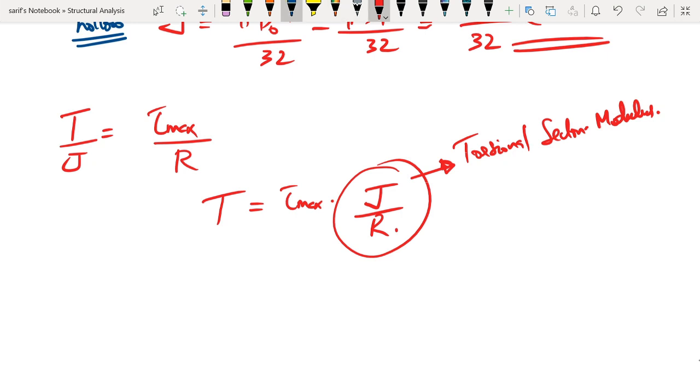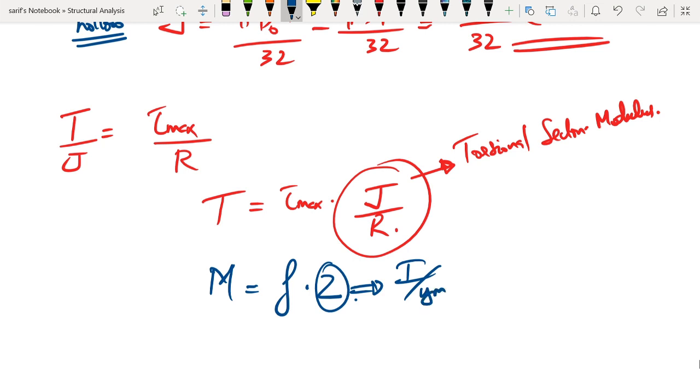So if you look closely, this equation is similar to the equation for M is equal to f multiplied by Z, where Z was considered as I divided by y max. So this equation is similar to that.